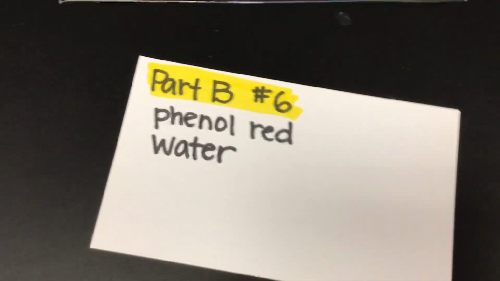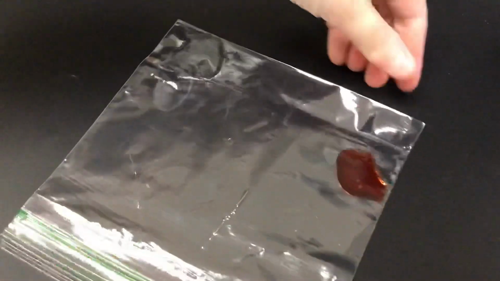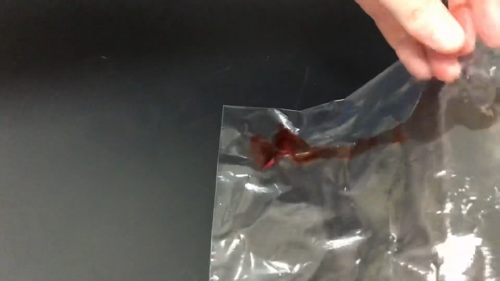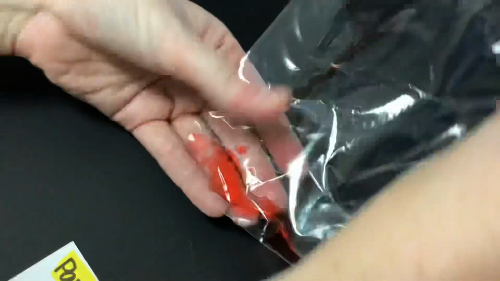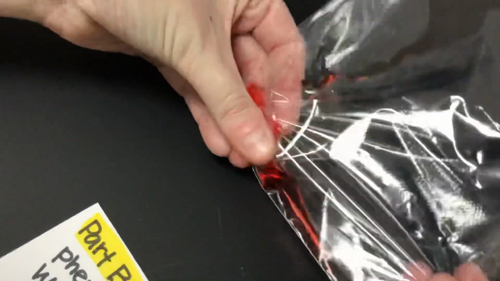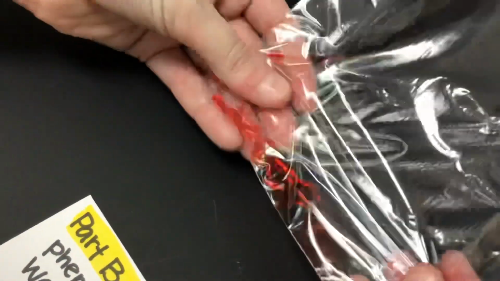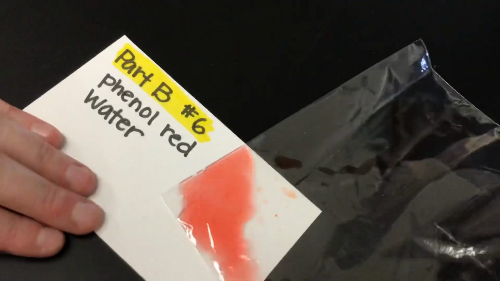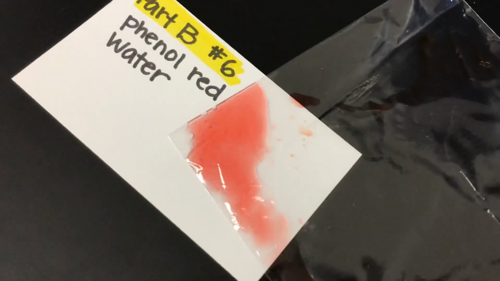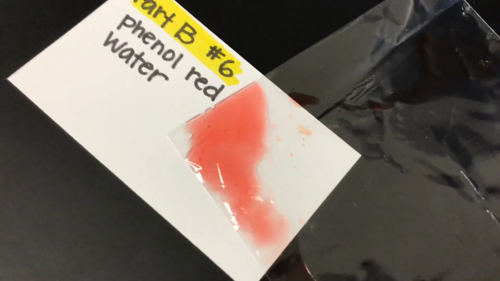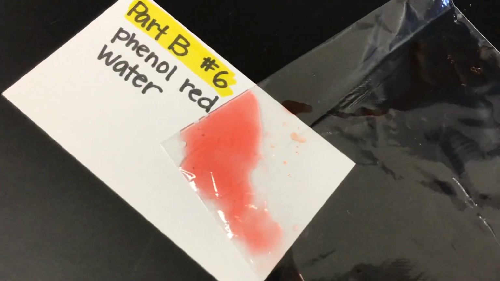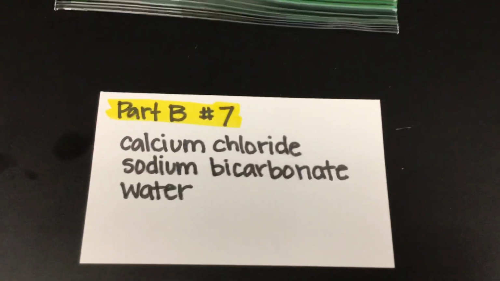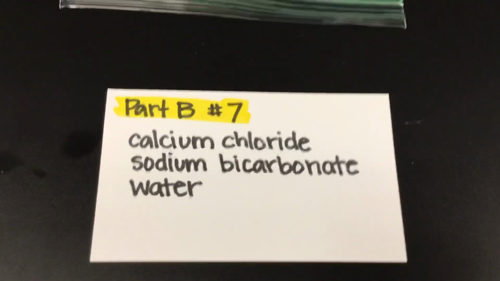Number 6, phenol red and water, so both liquids. So you can kind of see that the color, if it changed a little bit, maybe it lightened up. Number 7, calcium chloride, sodium bicarbonate, and water.